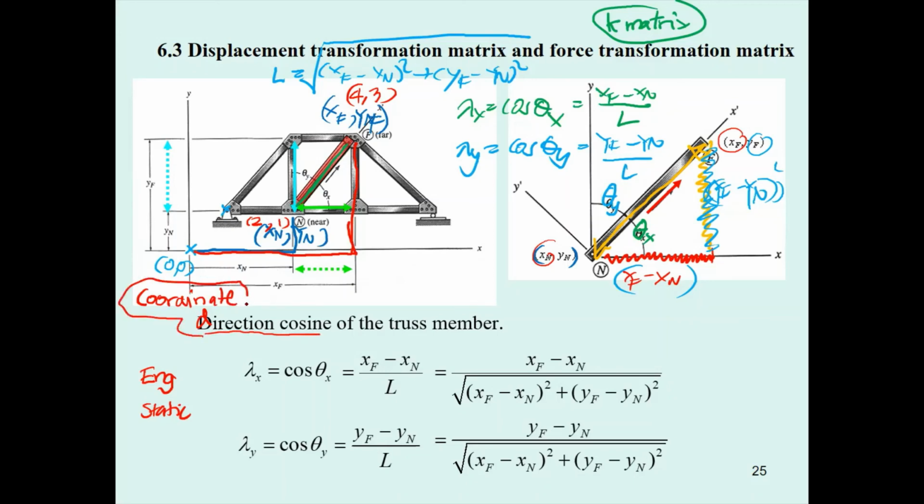That textbook calls them alpha, beta, gamma, but this is only in 2 dimensions, so this is going to be cos alpha, and this is going to be cos beta.